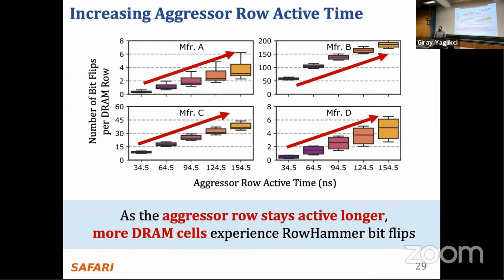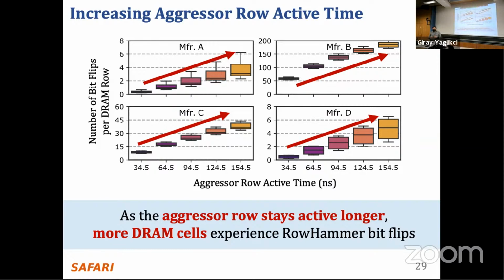We explain this effect by referring to two different error mechanisms that are suspected to be causing RowHammer in the literature. One of them is the coupling between the word lines, and the other one is the electron injection.